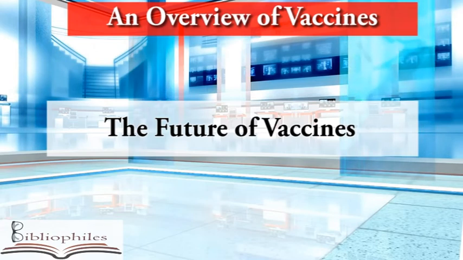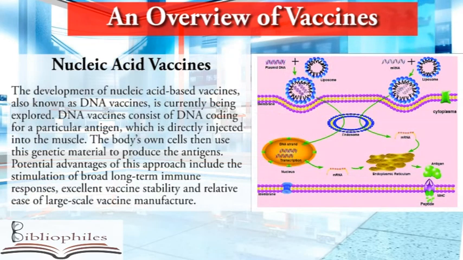See, the development of nucleic acid-based vaccines, which are also known as DNA vaccines, is currently being explored. DNA vaccines consist of DNA coding for a particular antigen, which is directly injected into the muscle. And then the body's own cells use this genetic material to produce the antigens.